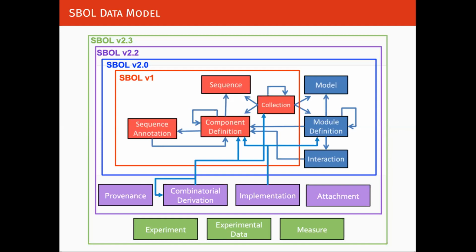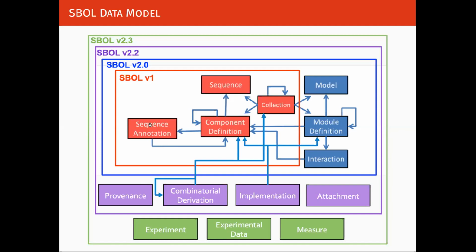But the main goal of SBOL3 is not to add radically new things that we're going to support. In fact, it technically may not support anything more than SBOL2 does when we make the transition, but to make it more intuitive and simpler. And so there's a lot of consolidation going on.